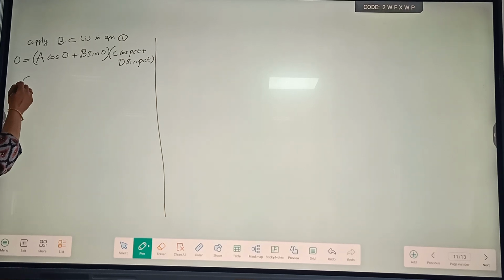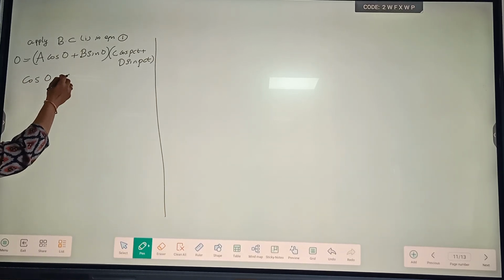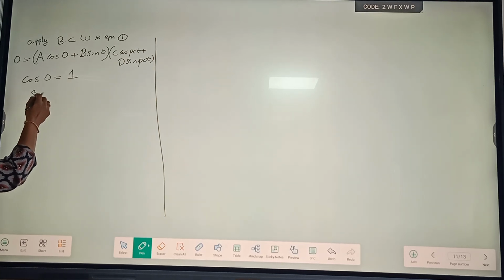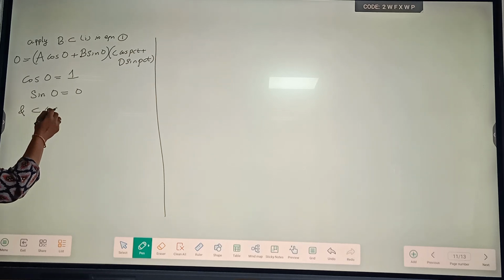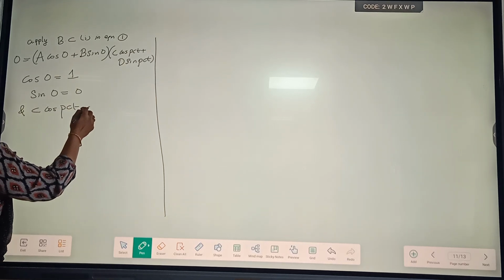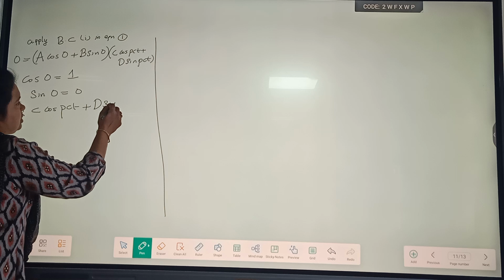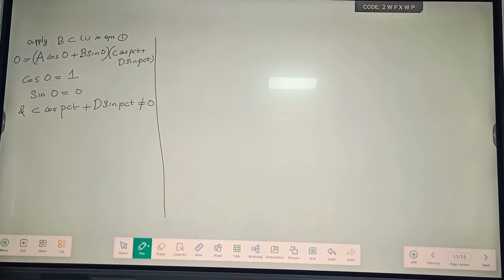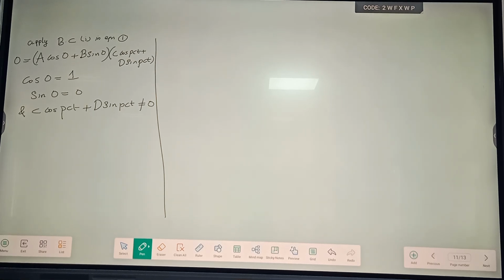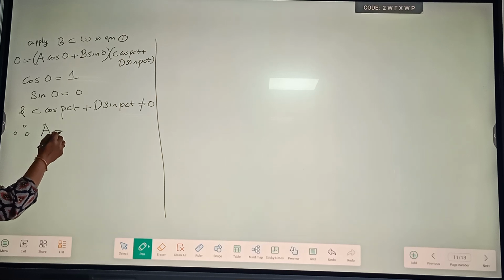Cos 0 is 1, sin 0 is 0, and C cos pct plus D sin pct is non-zero. So what is our conclusion? Therefore A equal to 0.